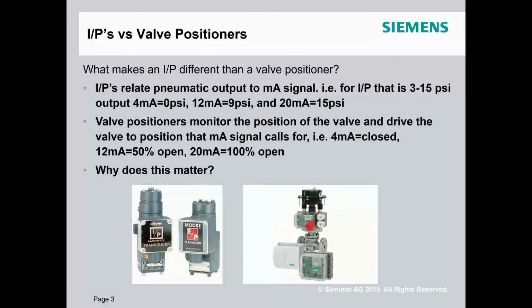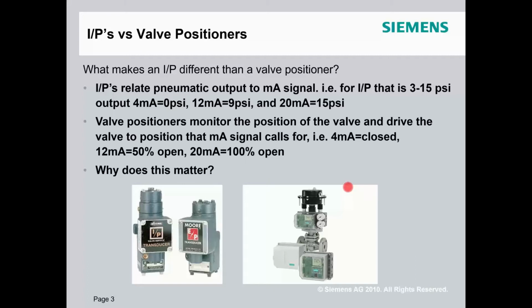In this case, there's a mounting bracket and arm that attach to the stem of this valve so that the positioner can monitor what position the valve is in. So if you send 12 milliamps to that positioner, instead of just sending 9 psi out, it's going to drive the valve to 50% open because it knows where 50% open of that valve is.